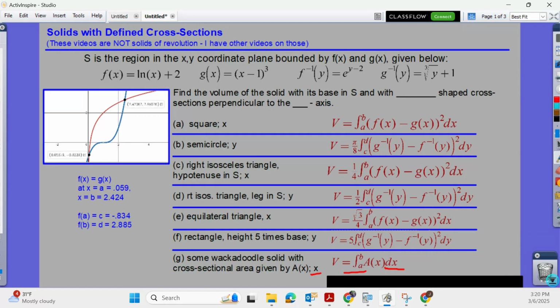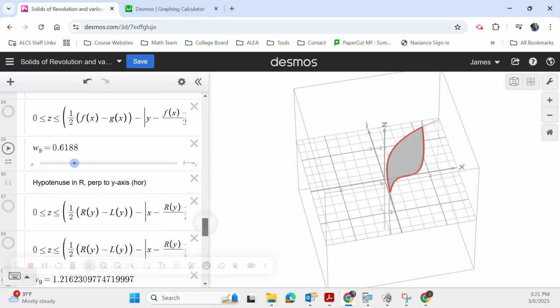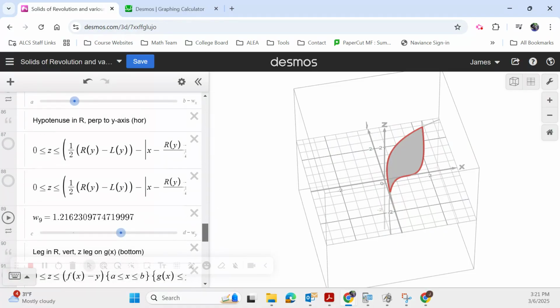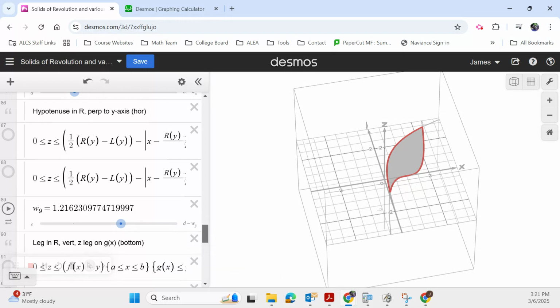All right, real quick before I end the video here, let's look at the right isosceles triangle with the hypotenuse in S perpendicular to the x-axis. So, I did do that one. Hypotenuse in R perpendicular to the x-axis. All right, let's look at the leg in R, this time perpendicular to the y-axis.